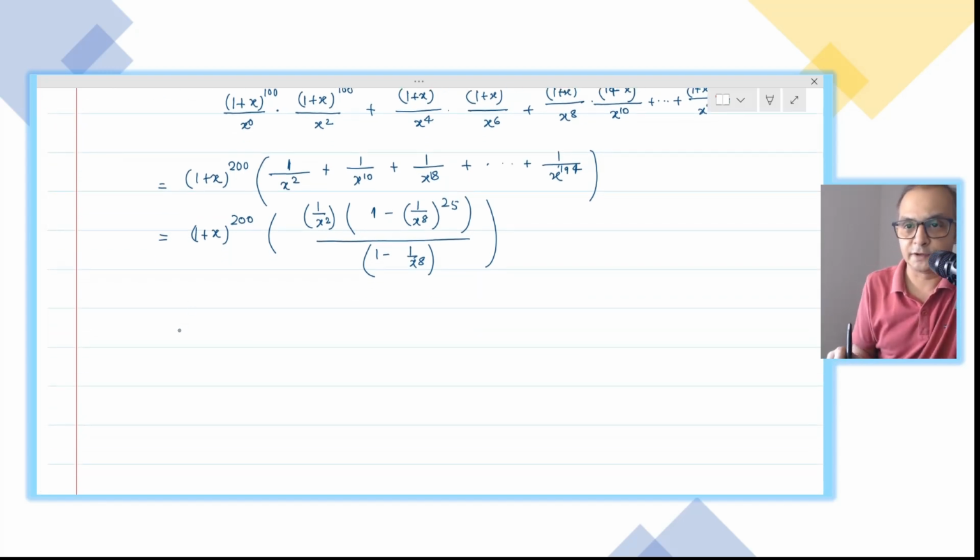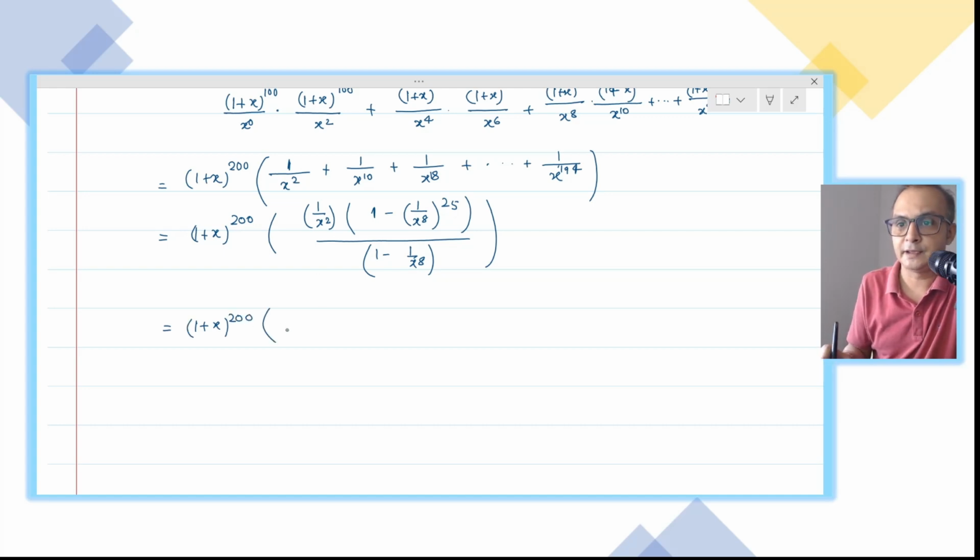Now let's simplify further. We get (1 + x)^200 as it is, and here I'm writing 1 by x^2 alone. That will give you x^200, if you multiply, I'm also taking the LCM, and 1 divided by x^200. And this in the denominator will give you x^8 on the top, and here x^8 minus 1.